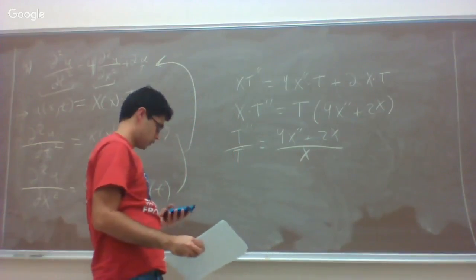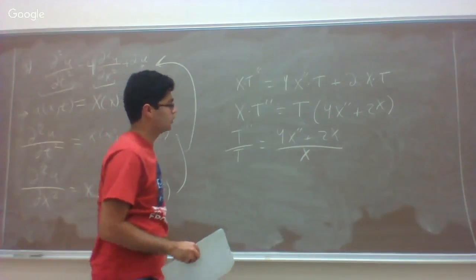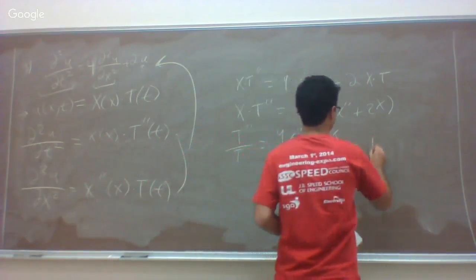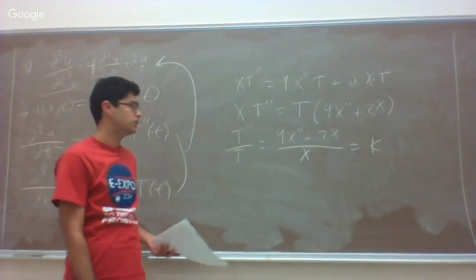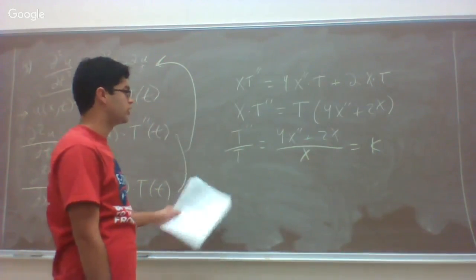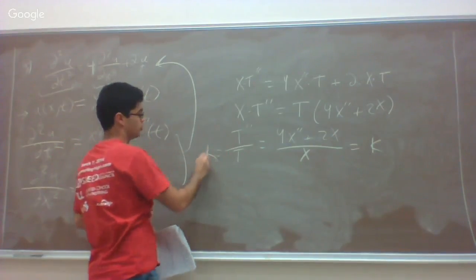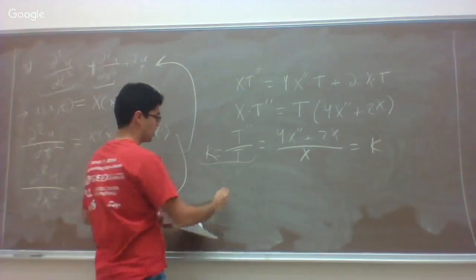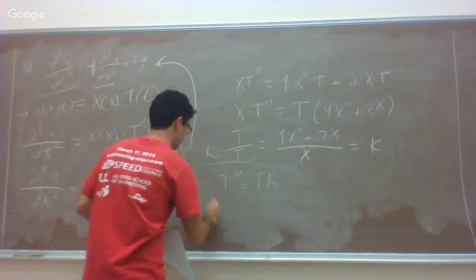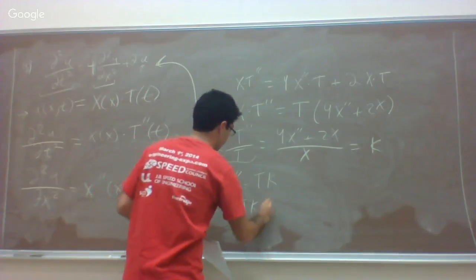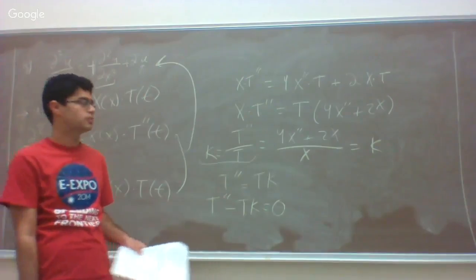Since they are independent, I can set this equal to a k. Their ratios will lead to a constant value. And using this, I can get my two equations. If you just look at this part, I have T double prime equal to Tk. So then T double prime minus kT equal to 0. That's my first equation.